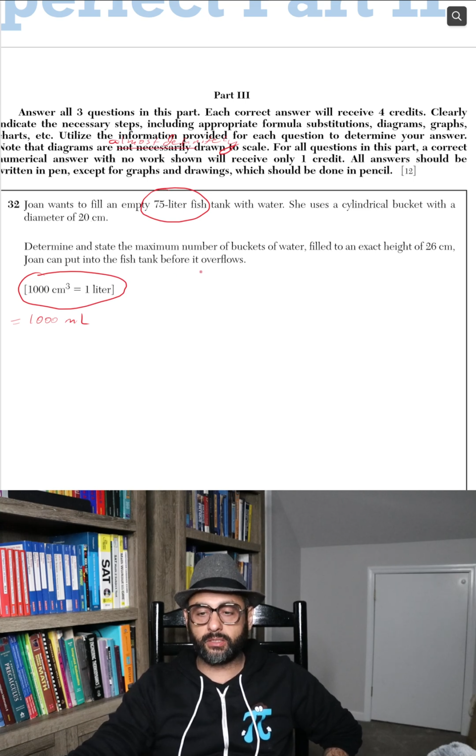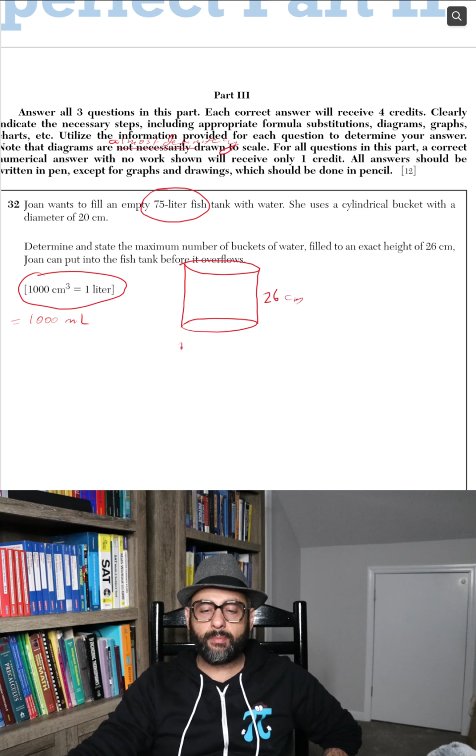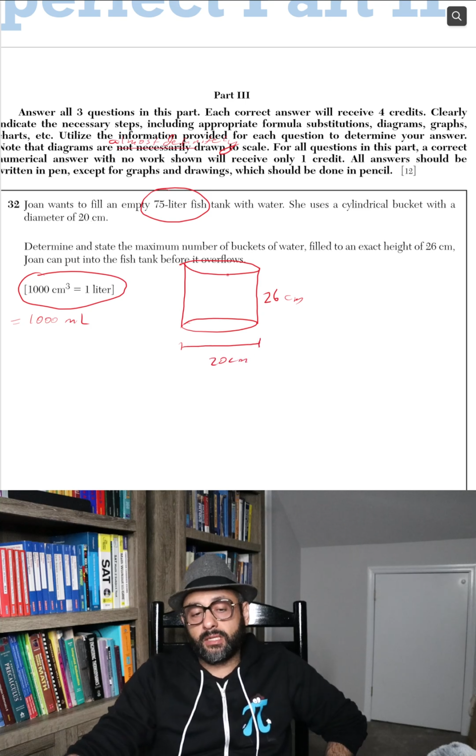So let's actually calculate the volume of the bucket. We know that the bucket is a cylinder of height exactly 26 centimeters, and a diameter of 20 centimeters. This is not a trick question.